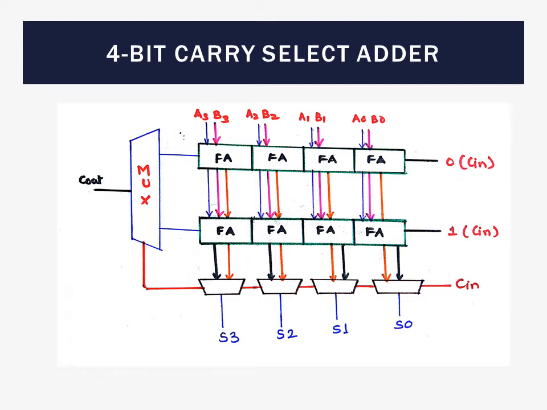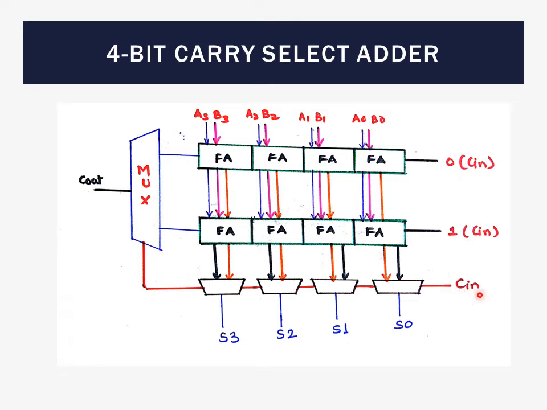The second input to this multiplexer is taken as a sum from the second set of adders. These black lines are from the second set of adders and the orange is from the first set of adders. Now either this is to be considered or this is to be considered as S0 or S1 or S2 or S3. That will be depending on the carry in actual status.